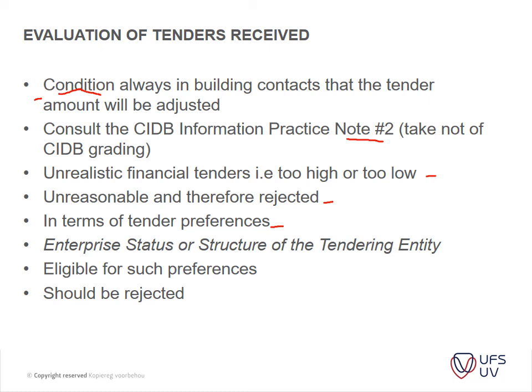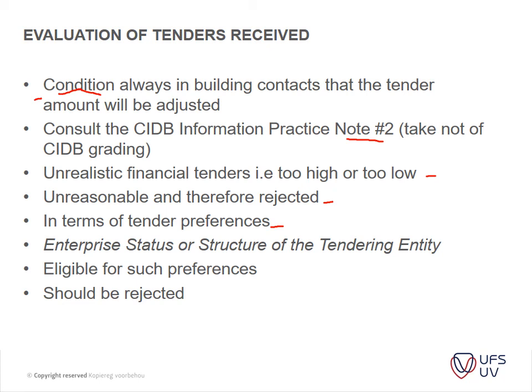These days we use an 80-20 rule, where 20% of the BEE level contributes to the final mark, and then 80% of the tender price contributes the rest of the tender adjudication mark. Okay, and then the tenders are ranked, and then the preferred contractor or tenderer is proposed to the client, and then the client makes the final decision on that.